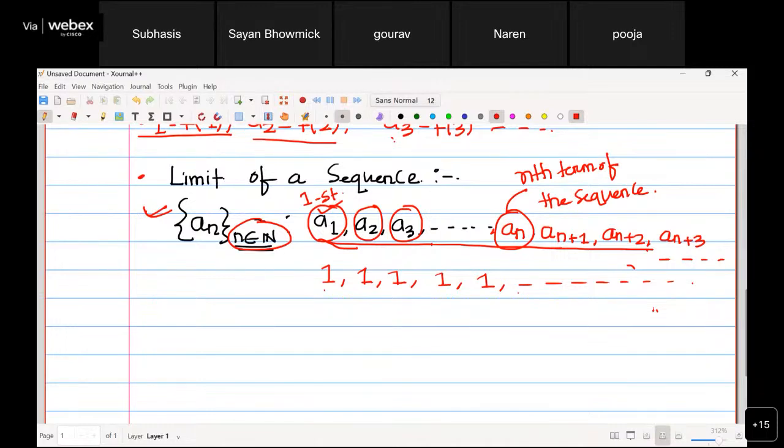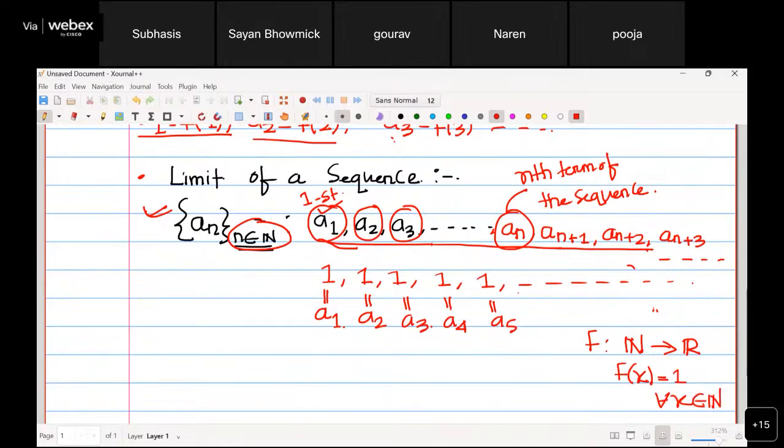My A1 is 1, my A2 is also 1, my A3 is also 1, my A4 is also 1, my A5 is also 1. So all An are basically 1. In some sense, this is a constant map, a constant function: f of x is equal to 1 for all x in N, right?